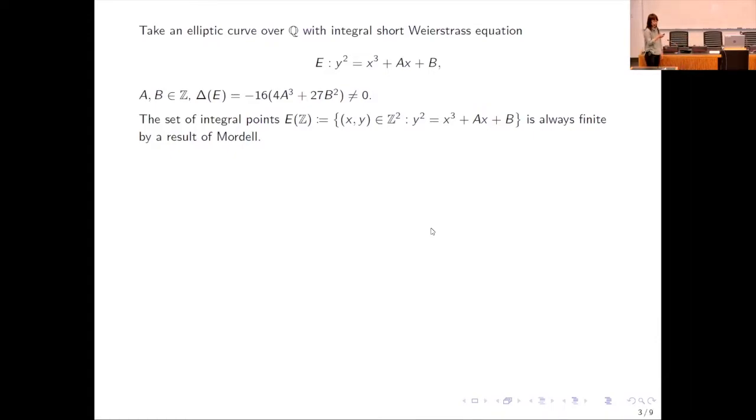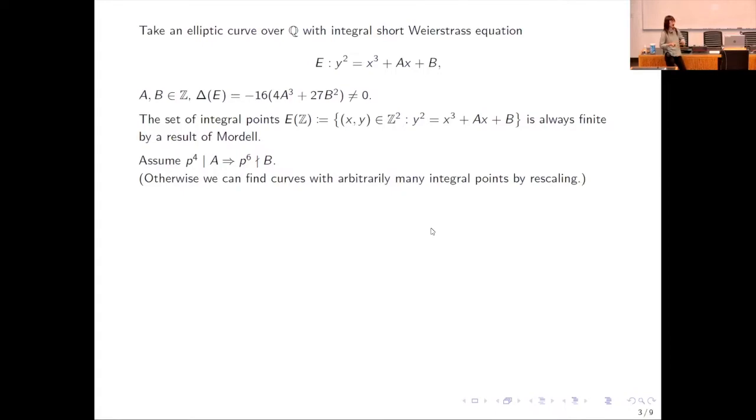Before we look at what happens on average or density results, let's review some things we know about pointwise bounds on the number of integral points on elliptic curves over Q. In everything I state subsequently in this talk, I will assume that the short Weierstrass model I take for the elliptic curve I study is in minimal form.